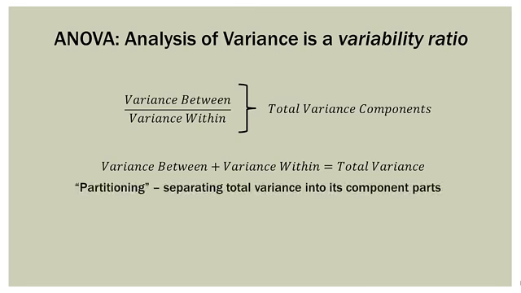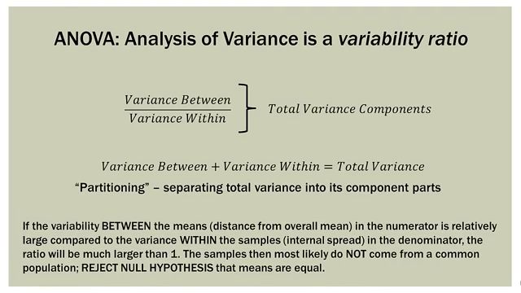This is called partitioning. We're separating this total variance into its two component parts. This is what's called a one-way ANOVA, and I'm not going to go into that right now. That's for the next video. But in this basic problem, we have total variance, made up of variance between the means and the variance within each sample.